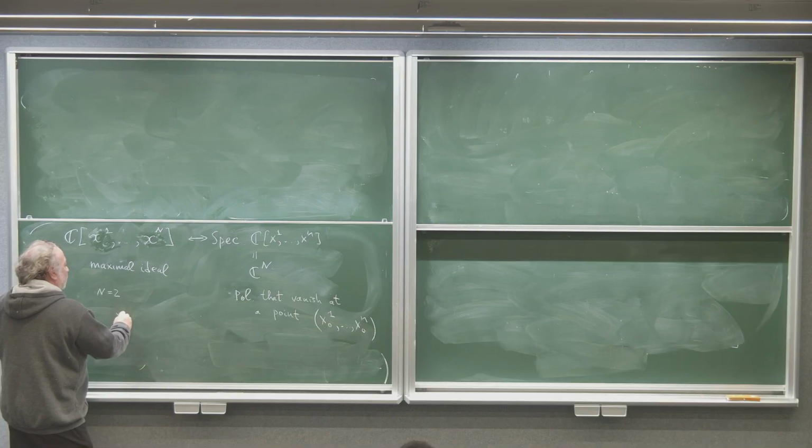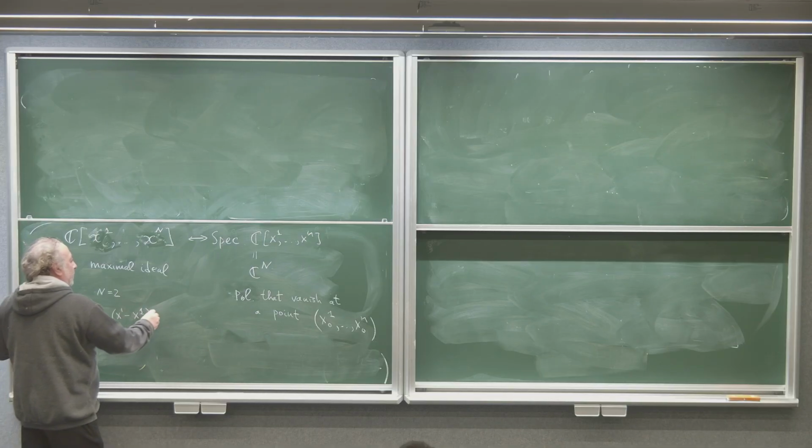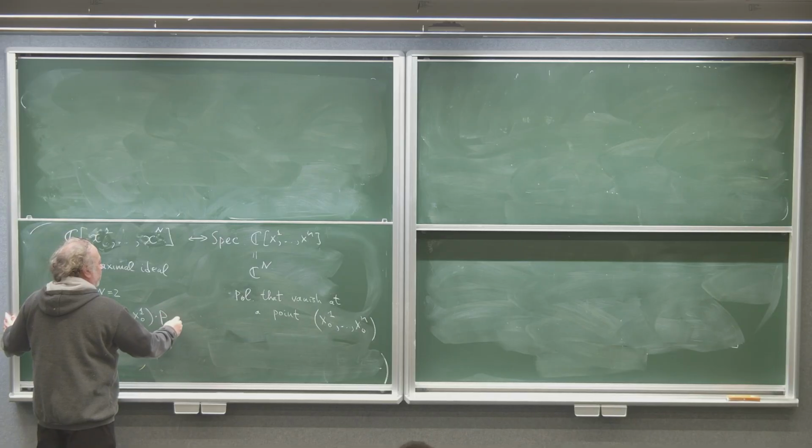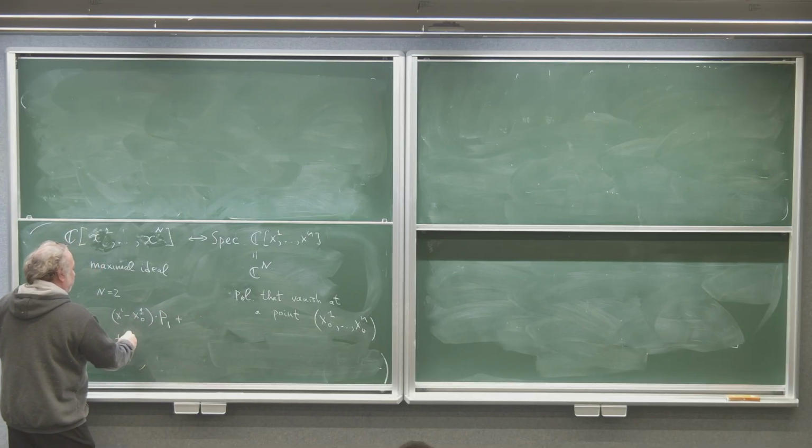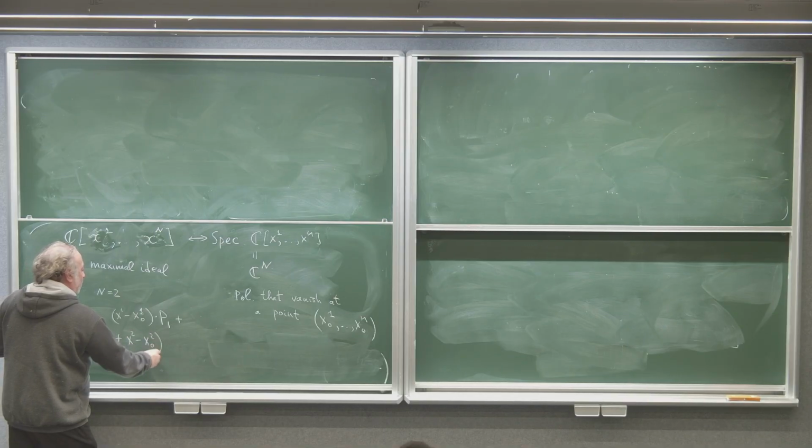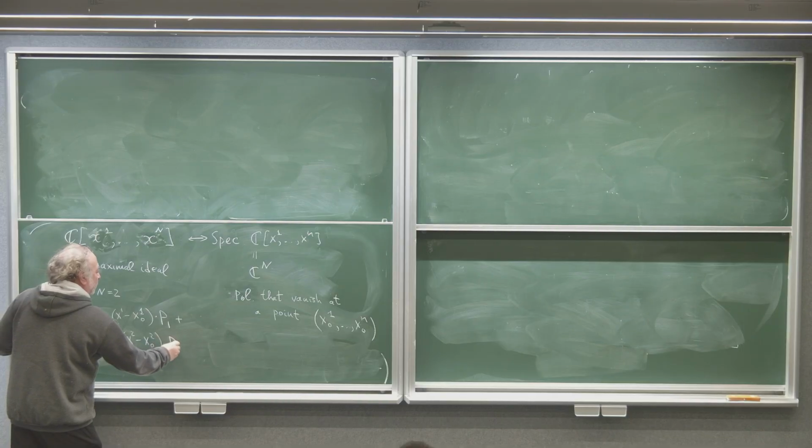It's a space of polynomials (x1 minus x0,1) times p1 plus (x2 minus x0,2) times p2.